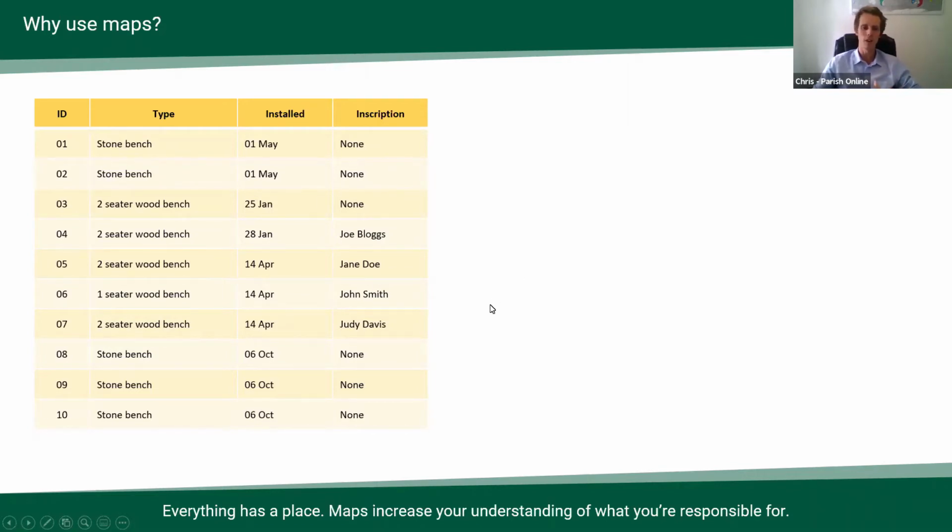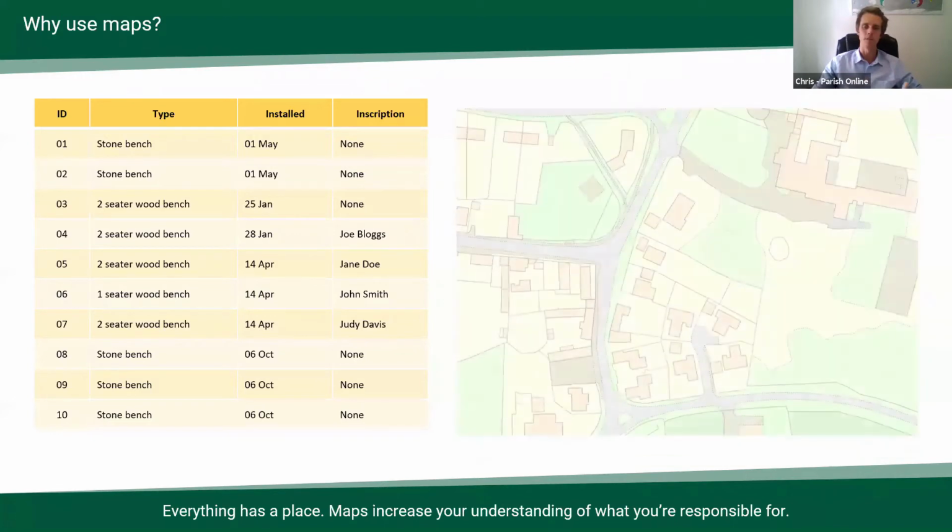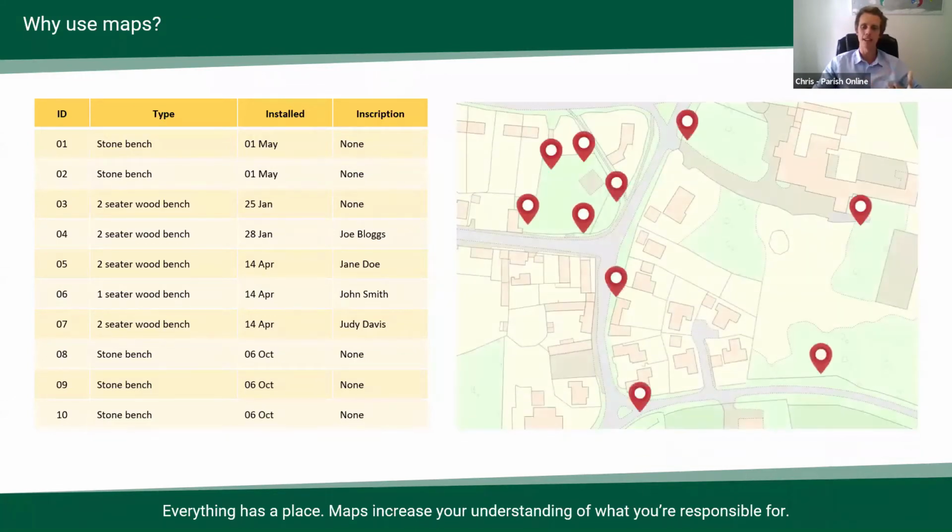But if I was, say, a new clerk or a councillor or a volunteer that needed to go out and inspect these benches, I haven't got a clue where they are. And that's really where a map comes in. So imagine if you could take all of that information and put it into map form. And that's what you can do with Parish Online.